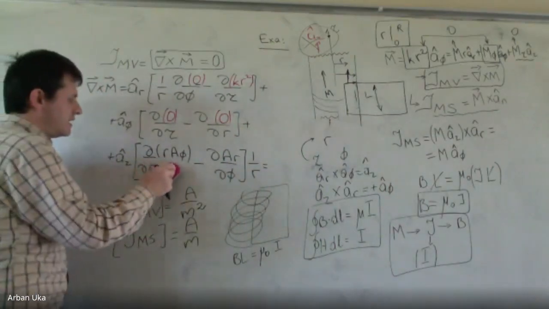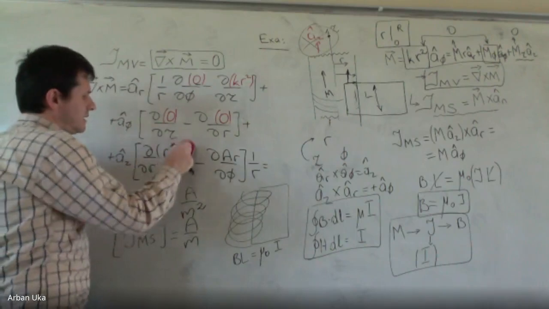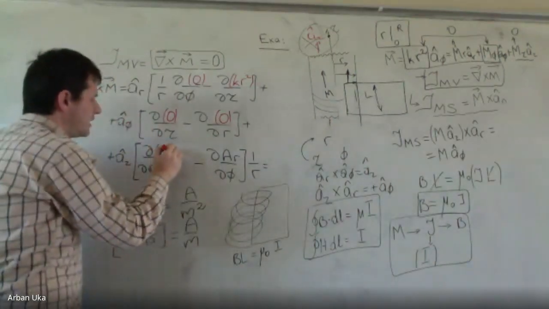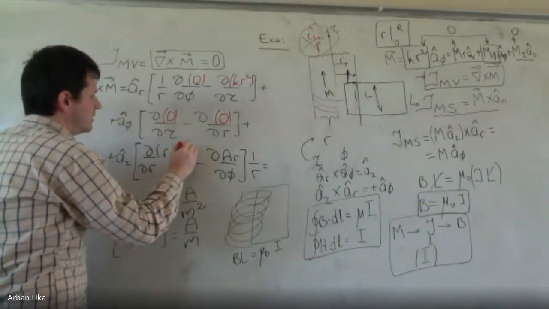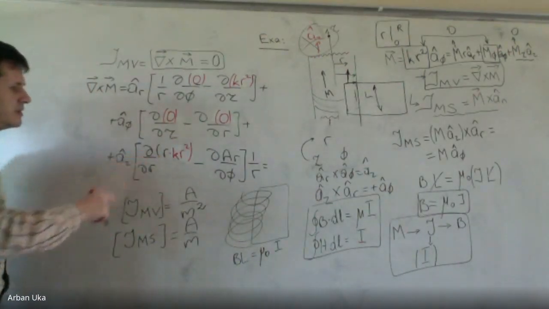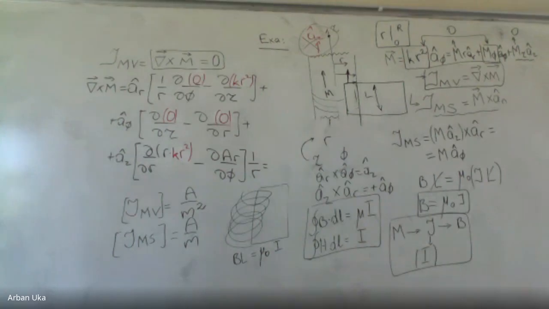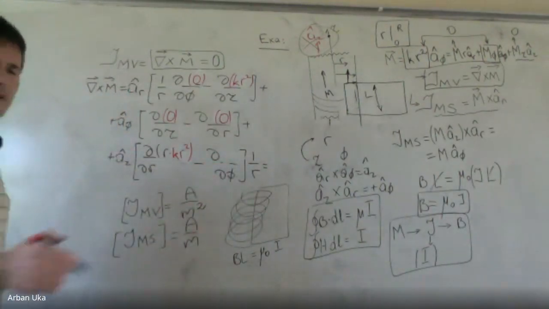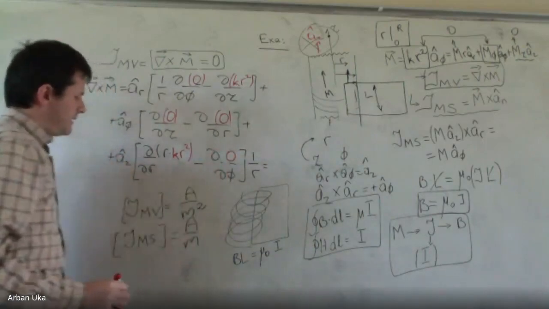Here we have R times A phi, and the A phi is K R squared. This is the K R squared, but there was an R already before. And A_R is zero here.